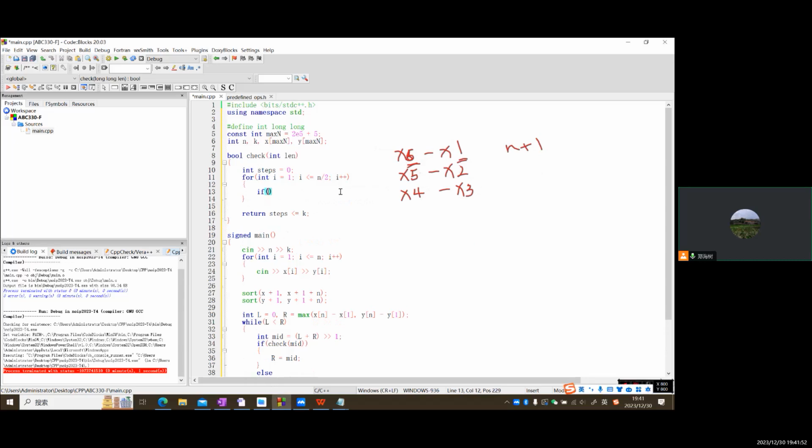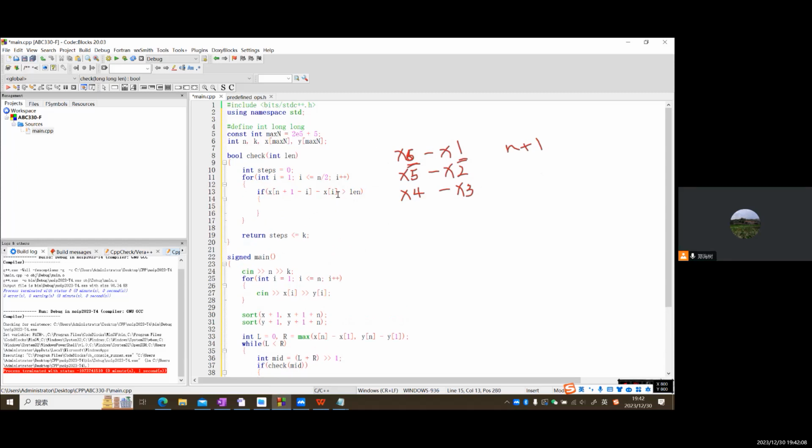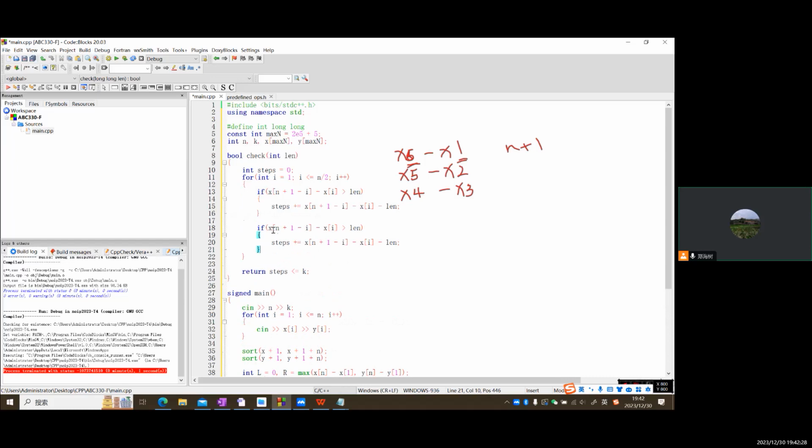So if x of m plus 1 minus i, minus x of i is larger than length, we add to steps. So does the vertical coordinate.